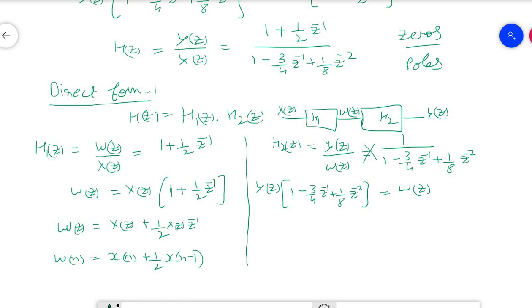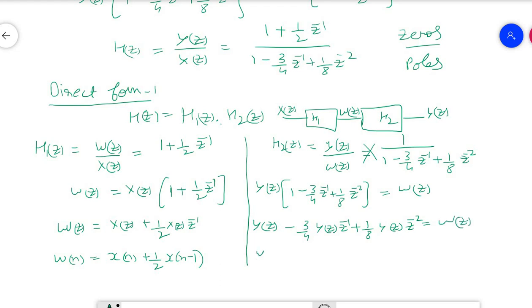So then after that, this Y(z) minus 3/4 Y(z) z^-1 plus 1/8 Y(z) z^-2 equal to W(z).